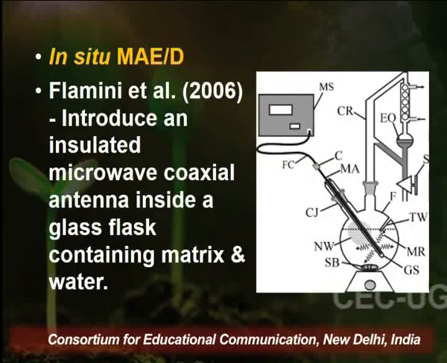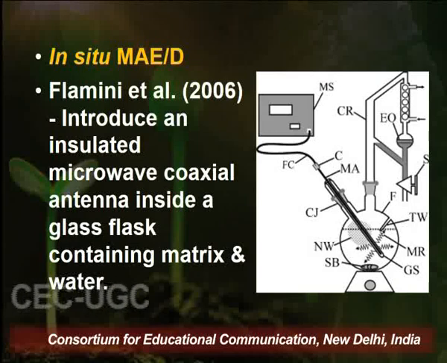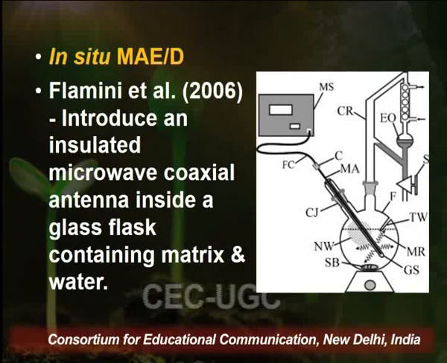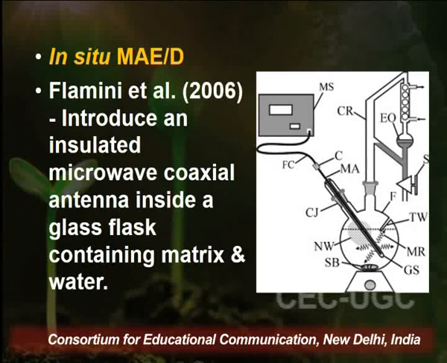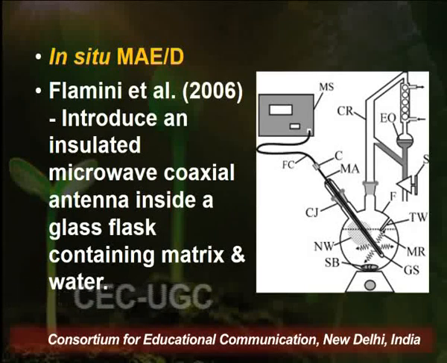Third extraction modification is the in situ microwave assisted extraction, and this was discovered in 2006 by Flemini and his group. Now what they did was they introduced a microwave producer into the extraction vessel.